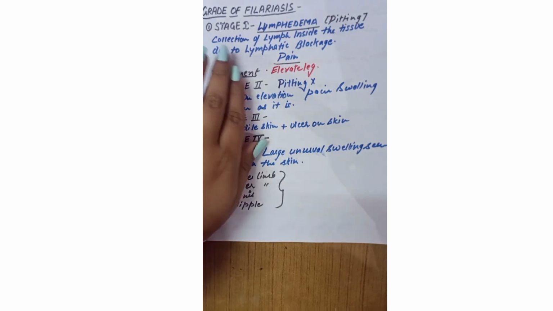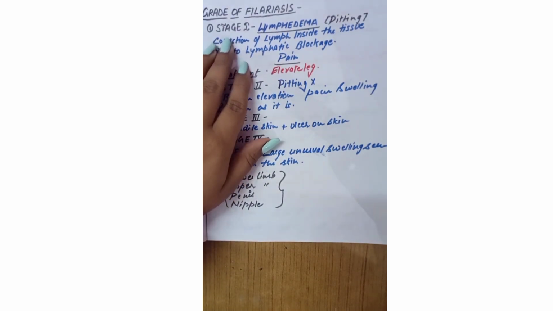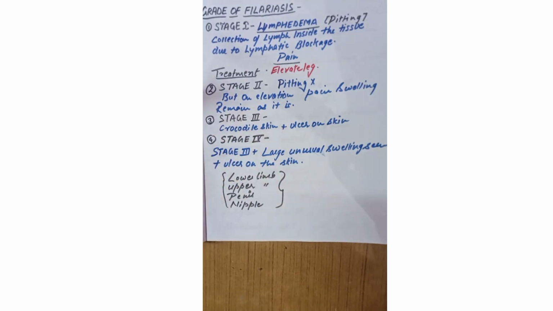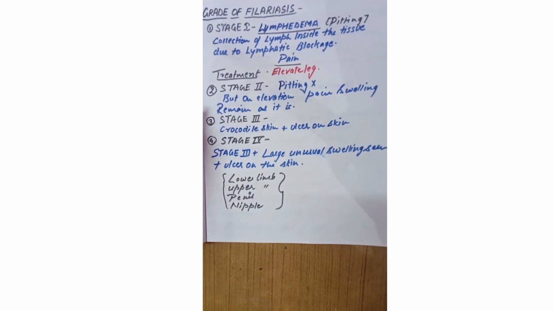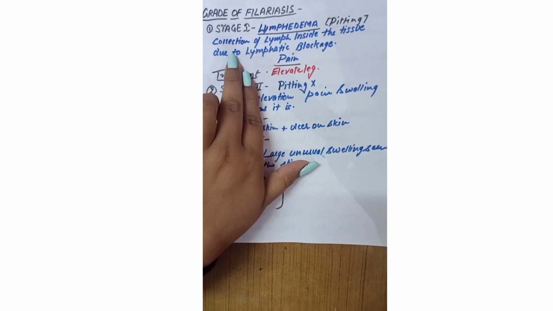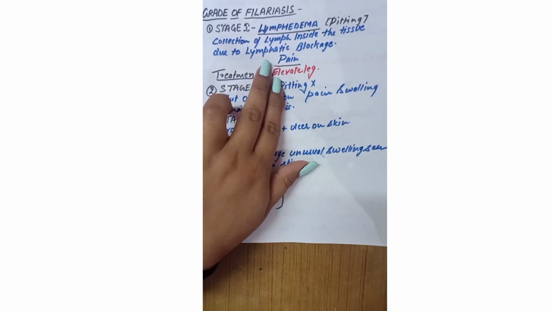So here I have written the grades of filariasis, that is the first, second, third, and fourth. In the series of development, or how this disease becomes bigger one by one: if you are in stage 1, you will see lymphedema, that is the collection of lymph inside the tissue due to lymphatic blockage.